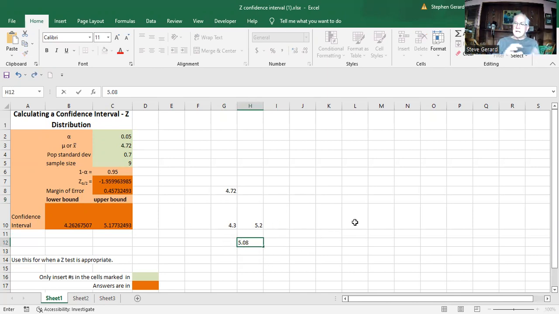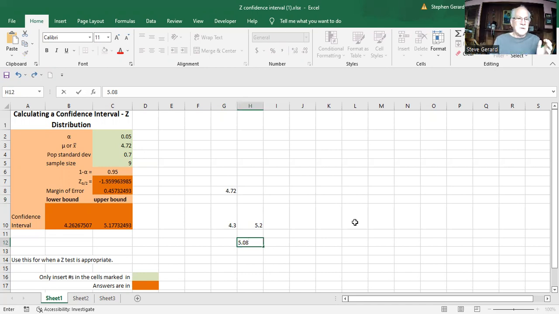So either way I come at it, the answer comes up yep. If I work from the population mean, then the sample mean is within the 95% confidence interval. If I work from the sample mean, then the population mean is within that 95% confidence interval. That's as it should be.